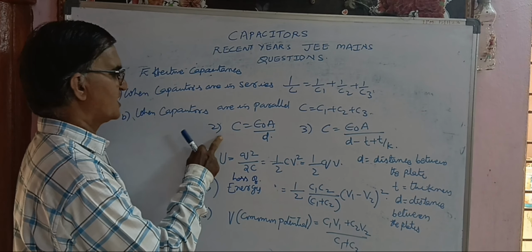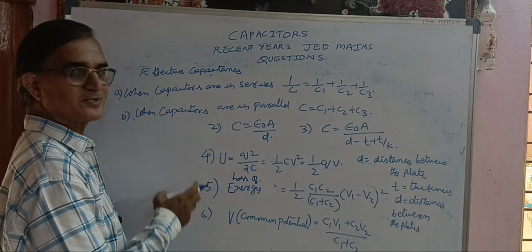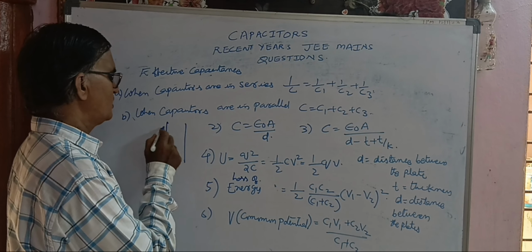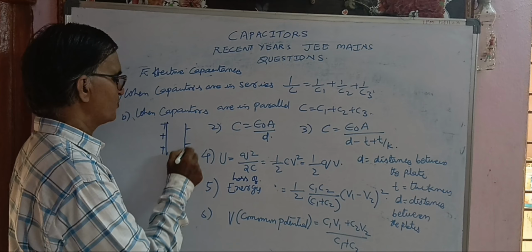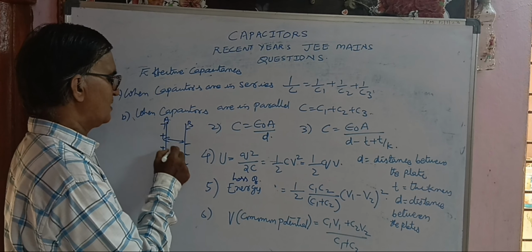Now, the second formula is C is equal to epsilon naught A by D. When you consider a capacitor like this, you have two plates here. A is the area of the plates, D is the distance between the plates.